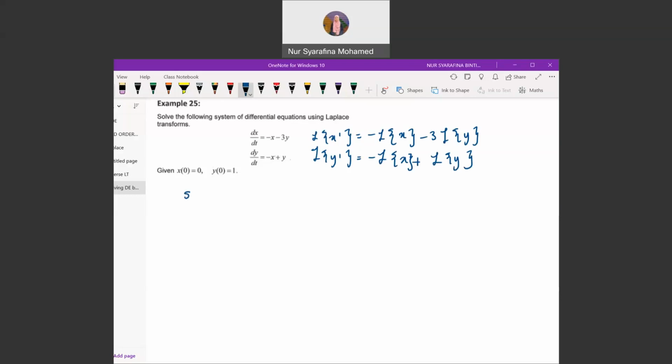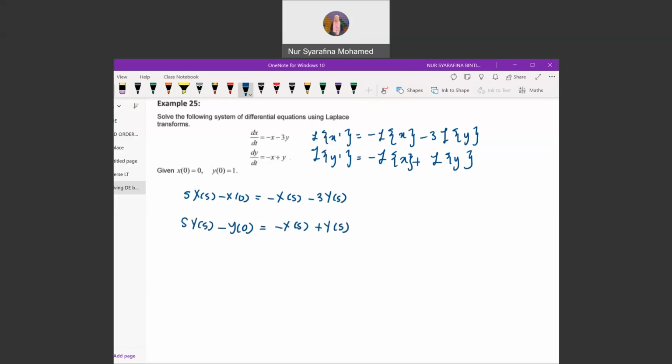So we will have s Xs minus x naught equals negative Xs minus 3Ys. And then this one, s Ys minus y naught equals negative Xs plus Ys.